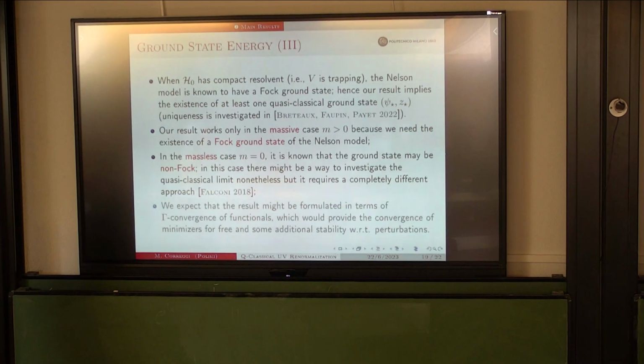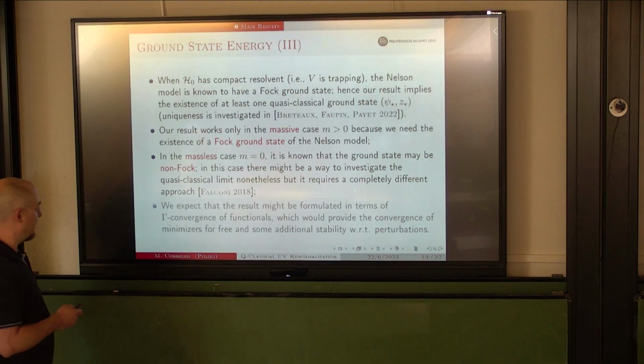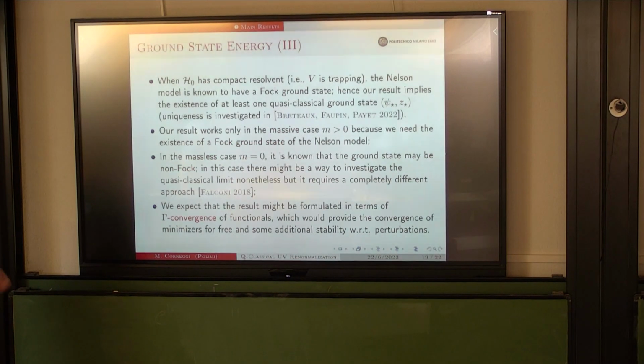But the compact resolvent assumption has also another reason which I don't want to comment on for the moment. It's also known that for m equal to 0, the ground state may be non-Fock, in which case we do expect to be able to do something, but we still have to investigate the question.